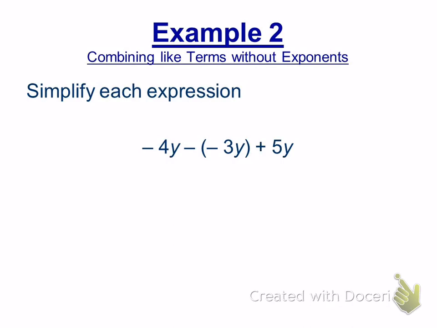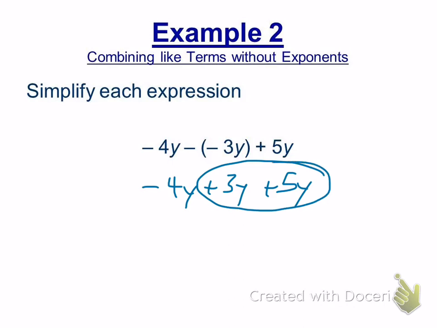All right? 27. Simplify this one for me, Isabella. Negative 4y plus 3y, which is negative 1y, plus 5y, which is 4y. But we could also take these two positive ones and combine them, right?